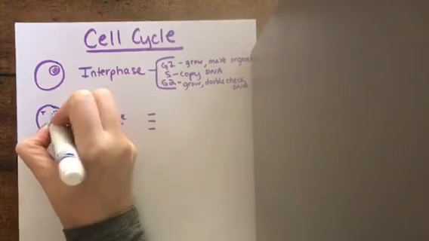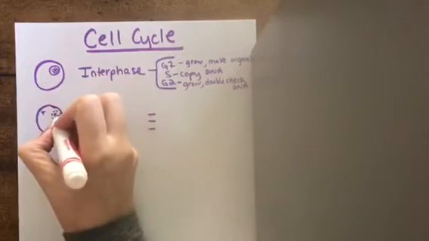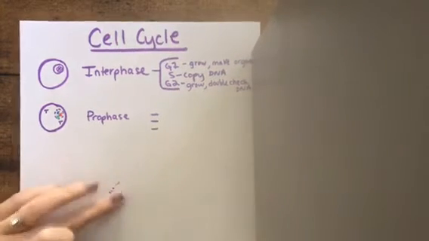Okay, and then the last thing, we are going to have some chromosomes. We'll do 3 chromosomes. I'm doing different colors. Let's think about what just happened.